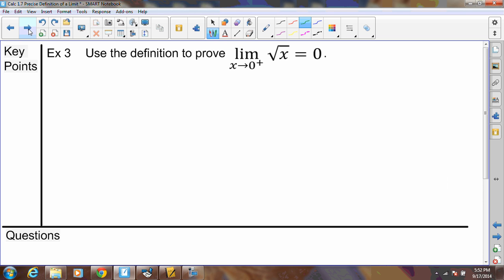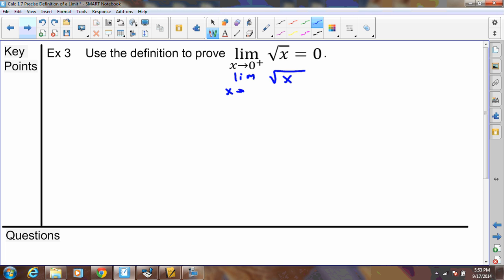So here, use the definition to prove that the limit of square root of x as x approaches 0 from the right is equal to 0. Well, first off, why aren't we doing a total limit? Why do only a limit from the right-hand side? Well, can you actually approach x from the left?